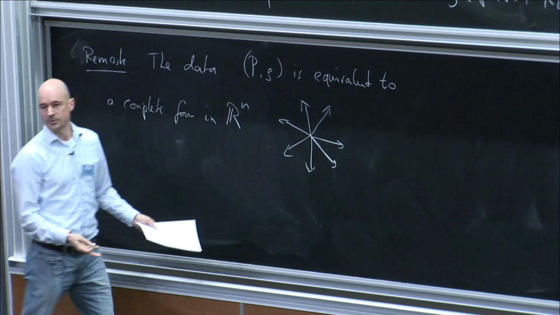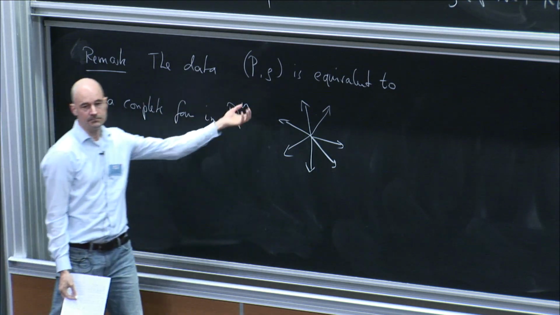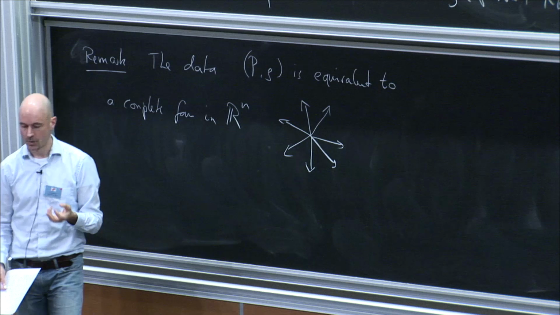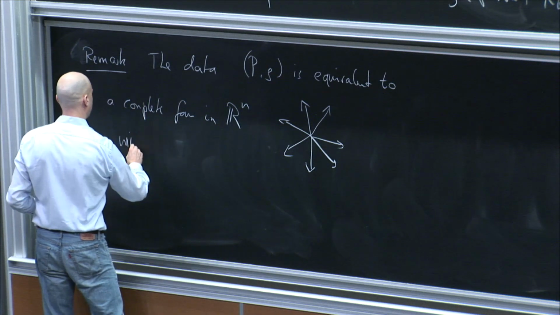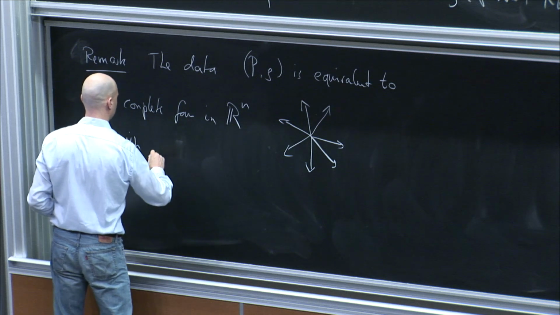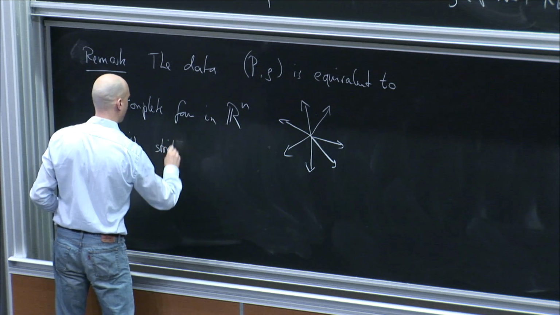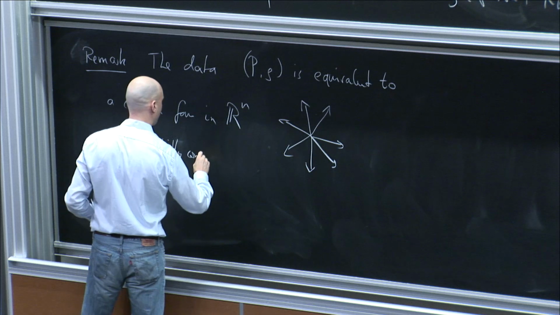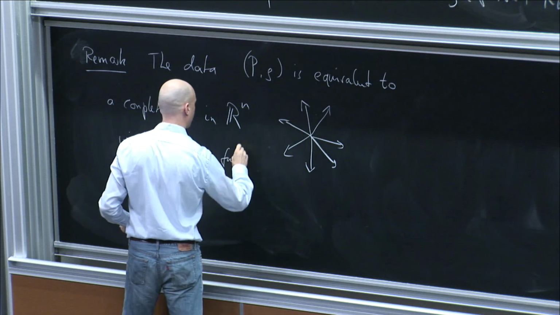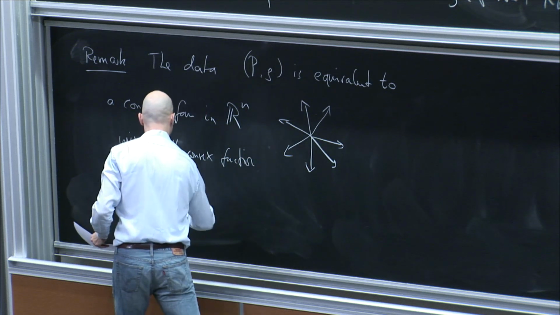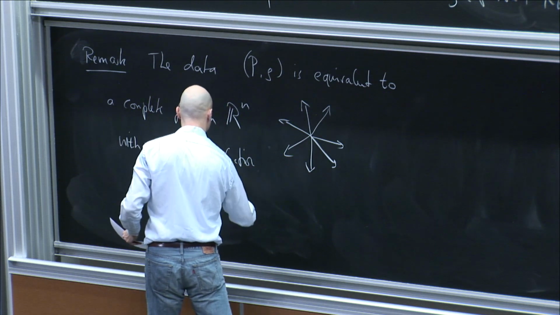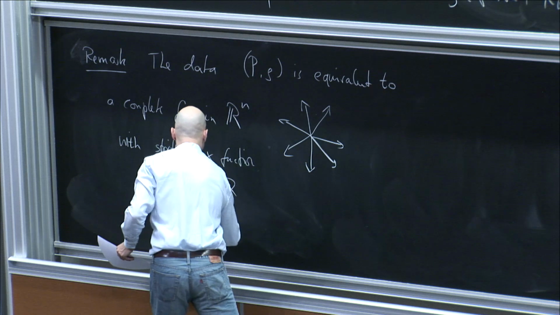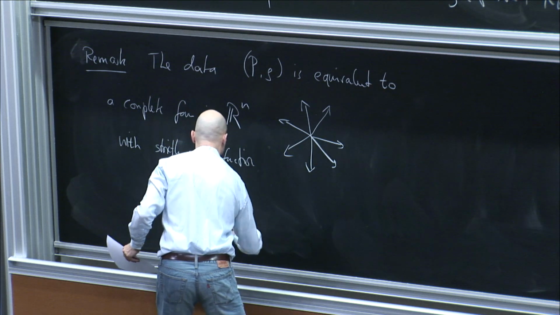So there's some object from toric geometry, complete fan, so you decompose your Rn into cones, together with a strictly convex function phi, which goes from Rn to R, inducing the fan.